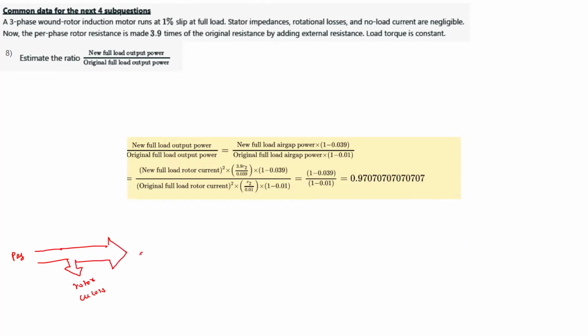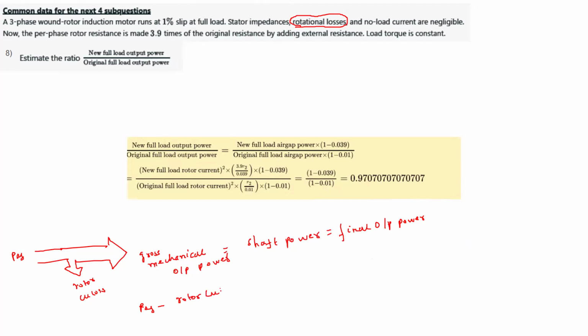Because rotational losses are negligible, meaning friction losses are negligible, the gross mechanical output power is equal to your shaft power. This is your final output power. So air gap power minus rotor copper loss is equal to output power.